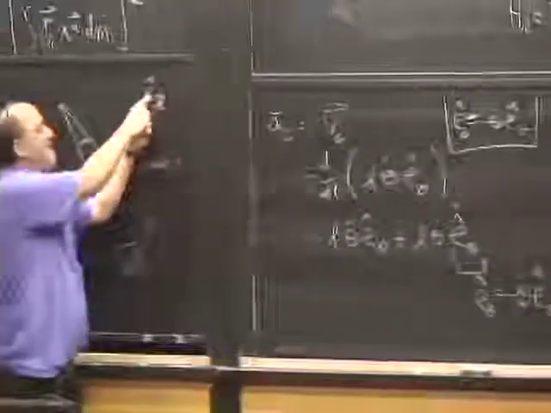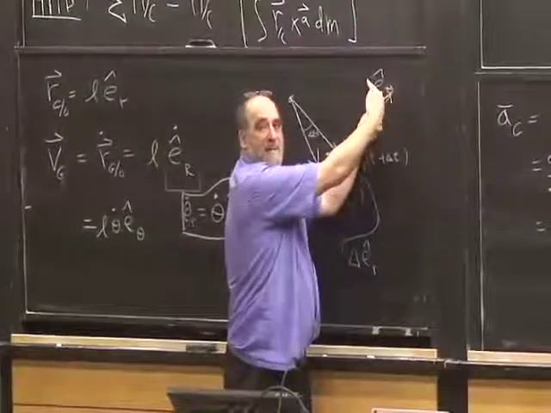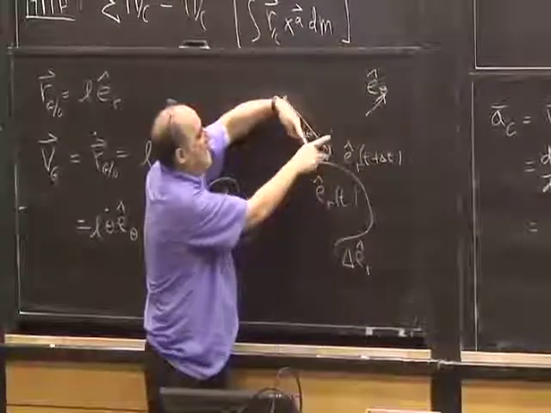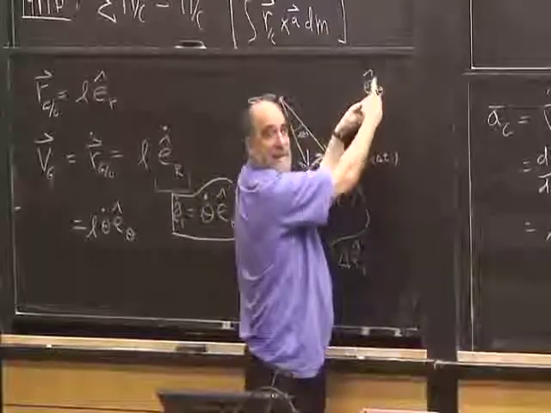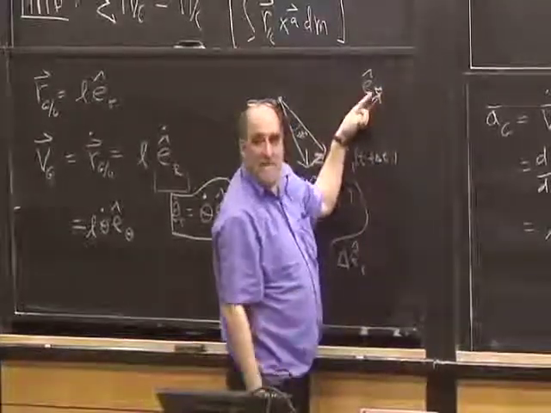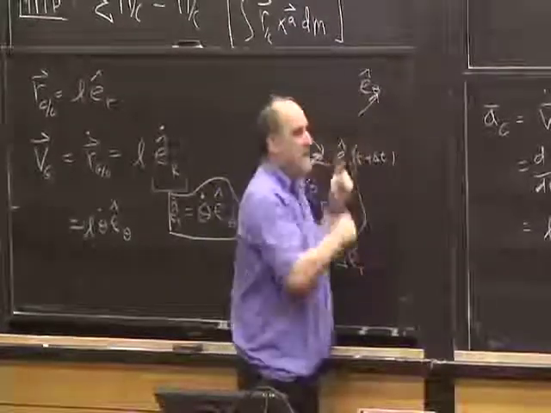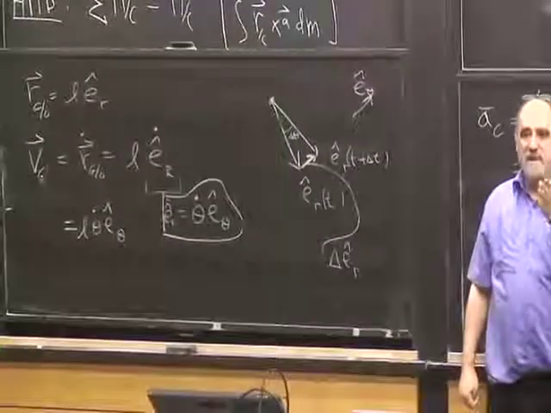So the change of E sub theta is in that direction as theta increases, which is the minus E sub r direction. Just like the change in E sub r was in the E theta direction, the change in E sub theta is in the minus E sub r direction. How big is it? It's proportional to theta dot. So something whose size is proportional to theta dot in the minus E sub r direction, and that's where that equation comes from. Does that address your question?